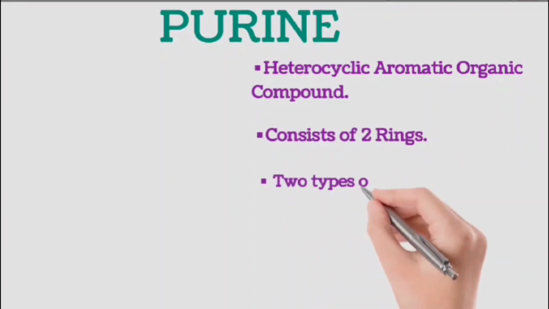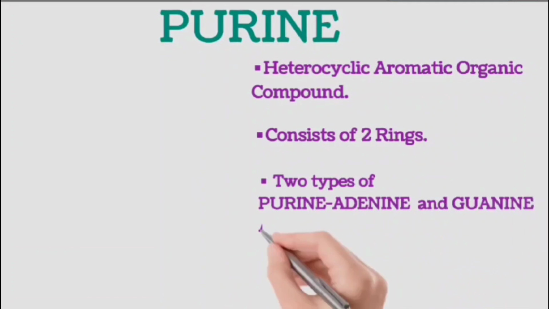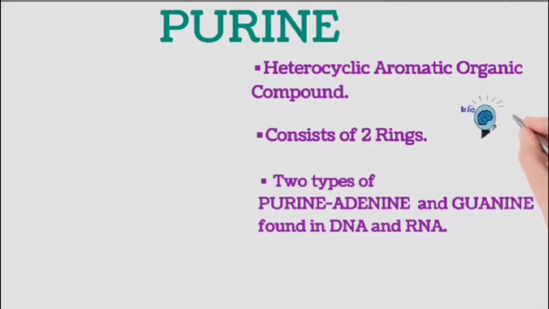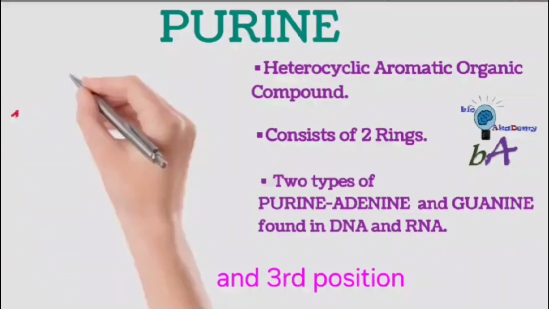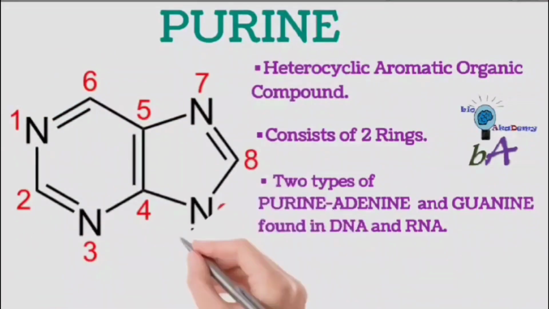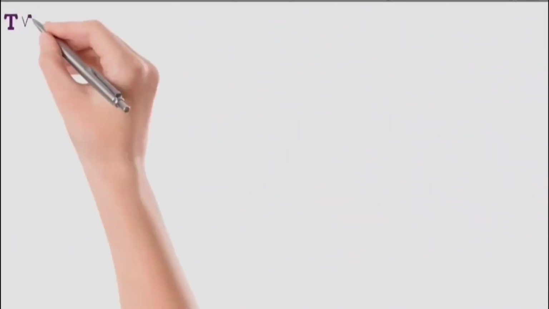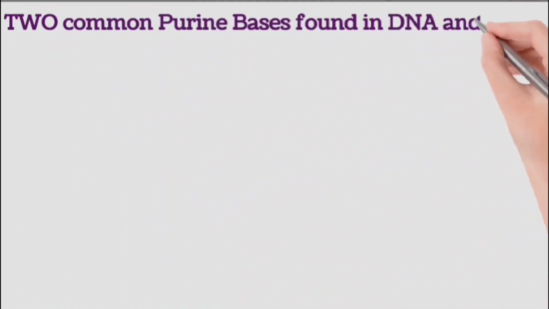You have to remember the numbering of the structure so that it will help you to memorize the naming of the purine types. In the 1st, 7th and 9th position, N or nitrogen is present. Two types of purine are there, which are adenine and guanine. Two common purines are adenine and guanine.